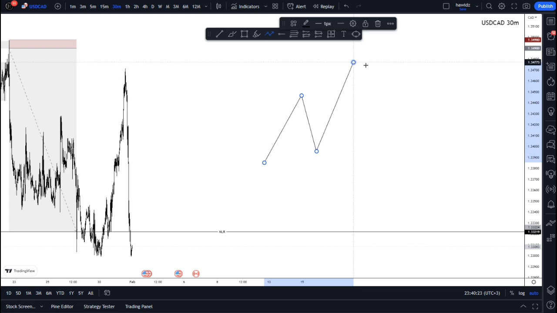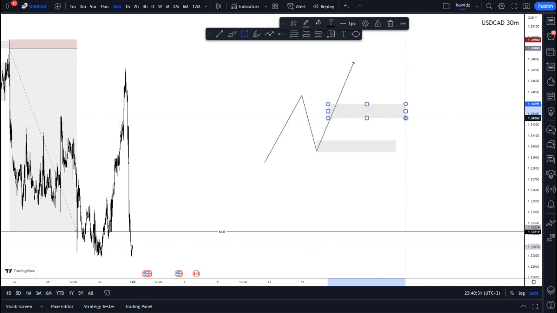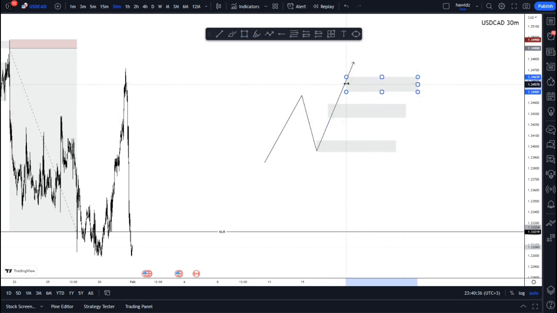For example, if you have a trend like this, and sometimes you may find yourself having multiple zones within this area that come to your attention, and you wave off that idea or anticipation on which one to trade from.